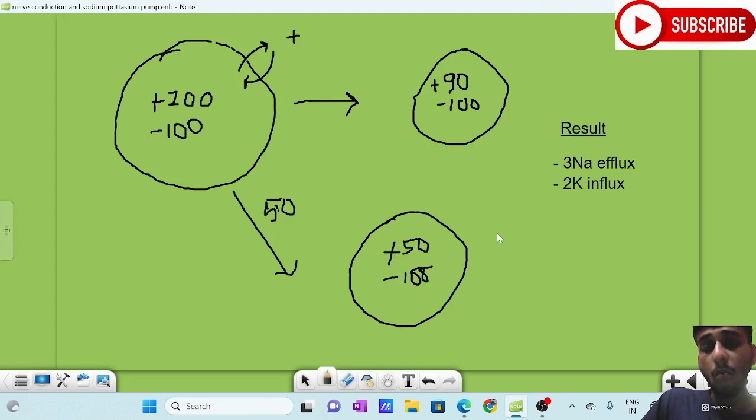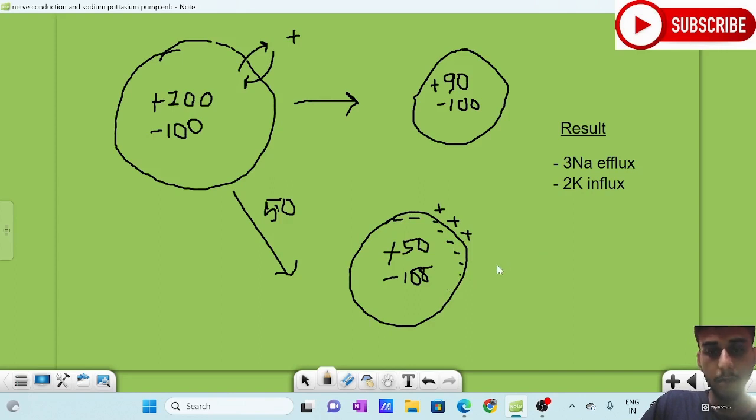So now there is a change in the polarity. Now the cell becomes polar, which means the cell will have more positive ions outside and fewer positive ions inside, which means the inside will become negative in charge.